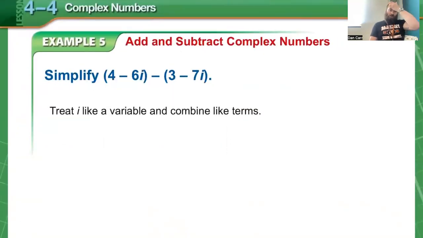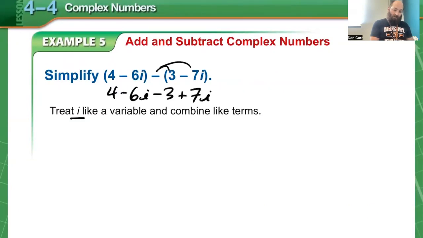Adding and subtracting complex numbers, we're simply going to treat i like a variable. It's just one variable that has to stay the same all the time. It always represents the square root of negative 1. But we're just going to do this like combining like terms. So I'm going to do my first rule, which is let's distribute the negative sign. So 4 minus 6i minus 3 plus 7i.